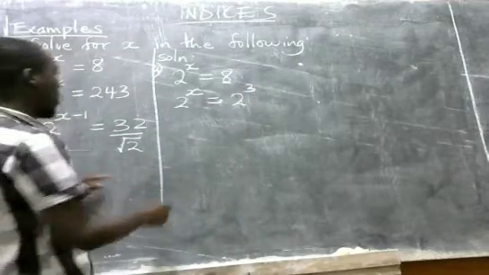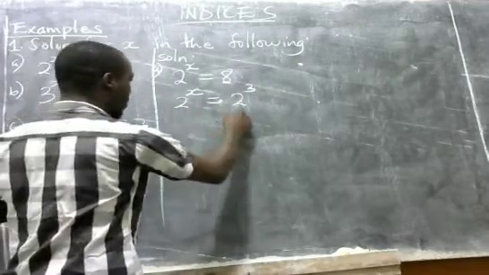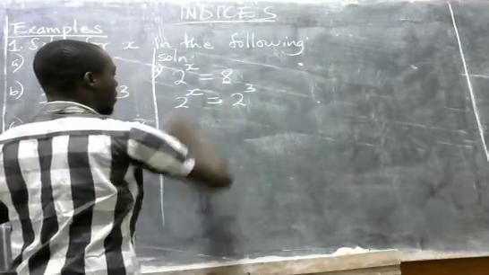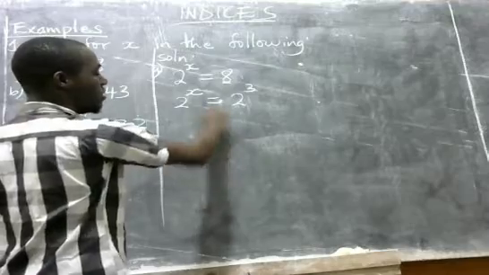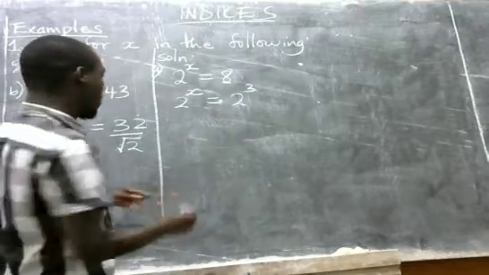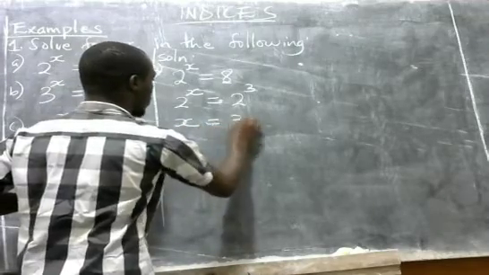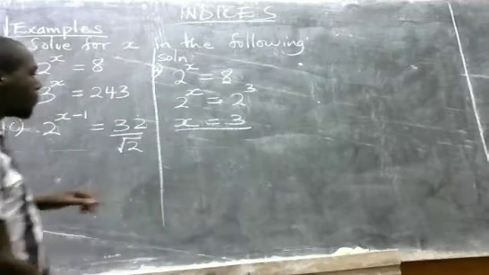Now the bases are the same. If the bases are the same, that means the powers are also the same since there is an equal sign between them. So this implies that x is going to be equal to 3.